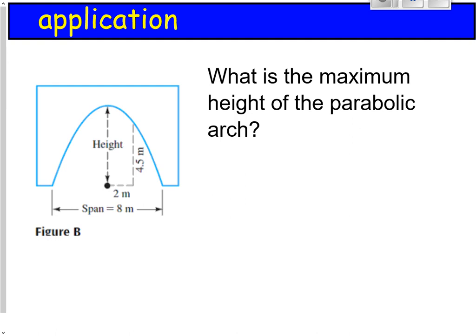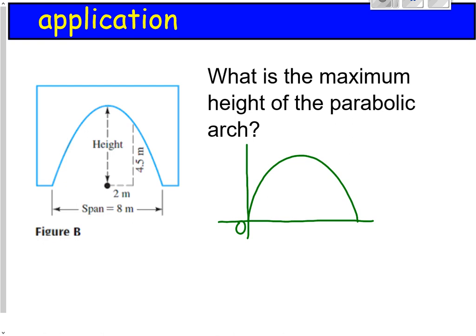Okay, so just one more, and then we're done. So what's the maximum height of the parabolic arch? So we know from this, what do we know? We know that it has a span of 8 meters. So I'm going to draw this on a grid again.